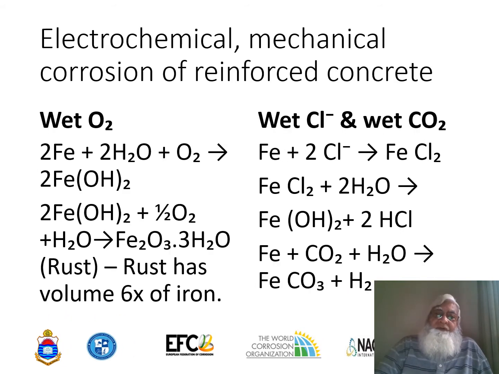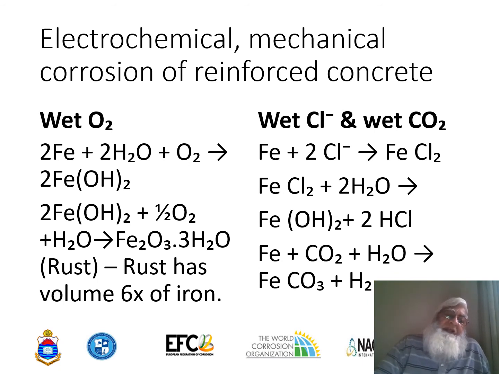The next slide shows the electrochemical and mechanical corrosion of the reinforced concrete. The oxygen, which is the actual main corrodant of the corrosion of the steel, reacts with the iron of the embedded steel and the water in the pores in there, and oxygen coming from the atmosphere, turning the iron into iron hydroxide, which later takes some more oxygen and more water, right, and turns into the rust.